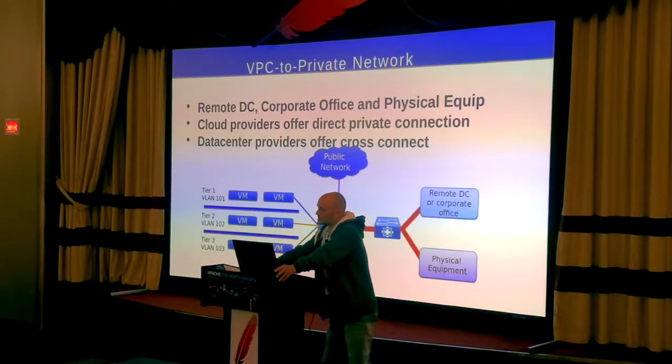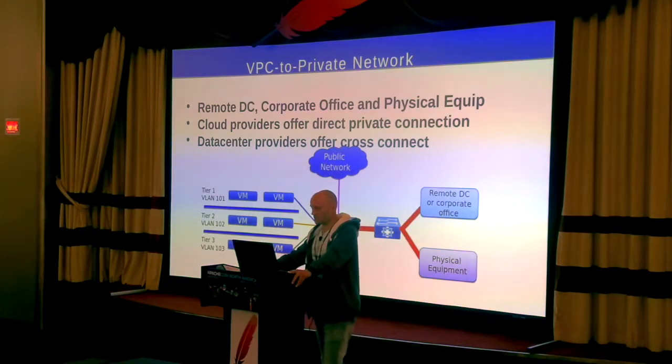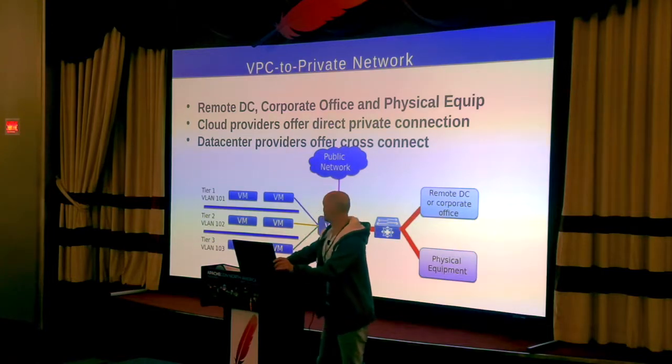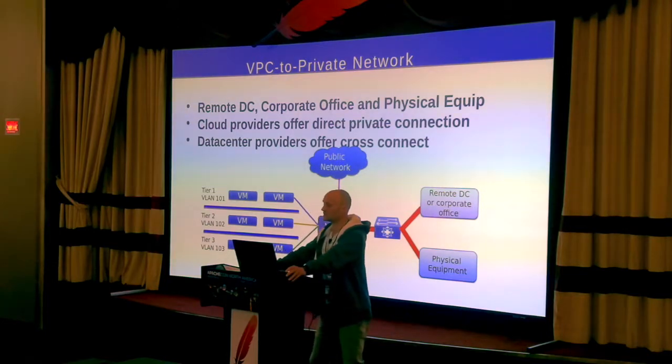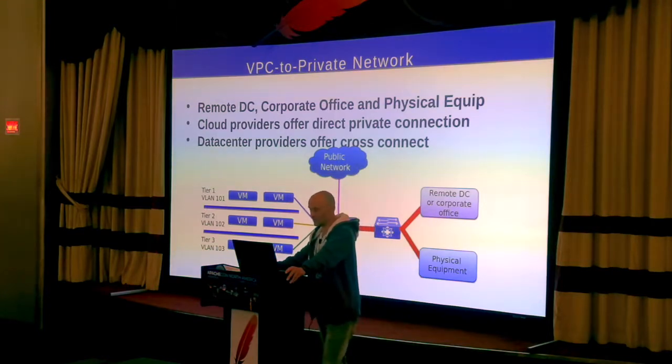So let's look at some ways to use the private gateway to establish point-to-point connections. You can create a private gateway by connecting two private networks, as I just said, such as connecting your remote DC or your corporate office or even your physical equipment.